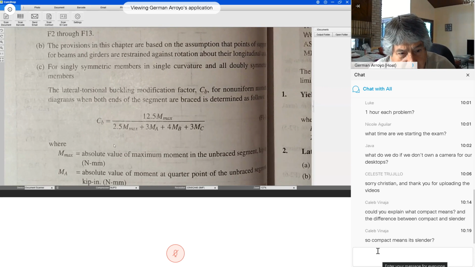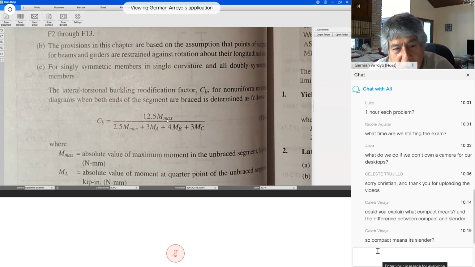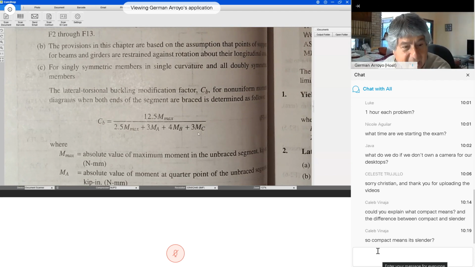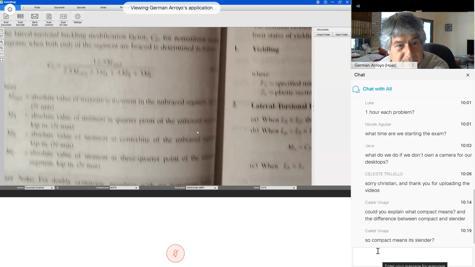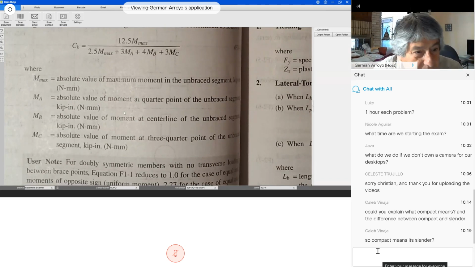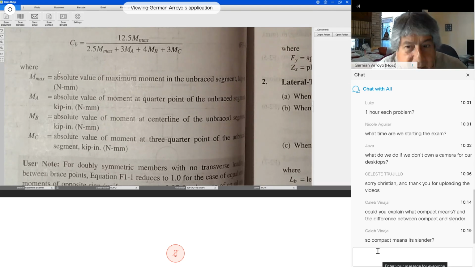So this Cb is 12.5 the maximum moment over 2.5 the maximum plus 3 MA, 4 MB, and 3 MC. MA, I want you to underline this absolute, because it means that in your diagram, if the value is negative, it goes as positive.